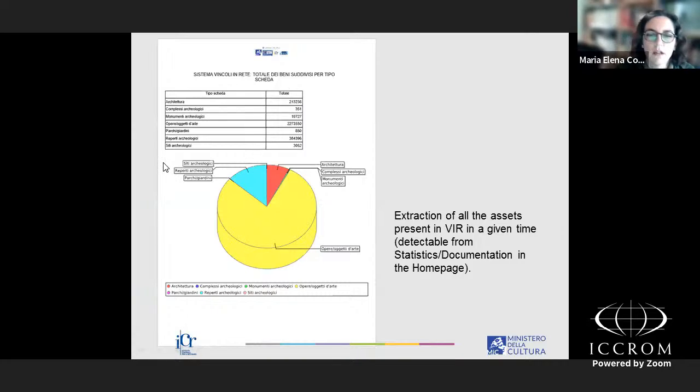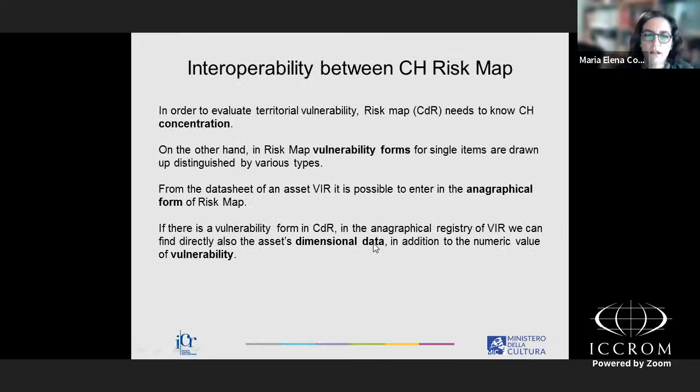And for resuming the data inside the VIR, we can see that at the moment, because everything is in progress, we have more than 200,000 architecture, and also, for instance, between the other things, more than 2 million art objects.